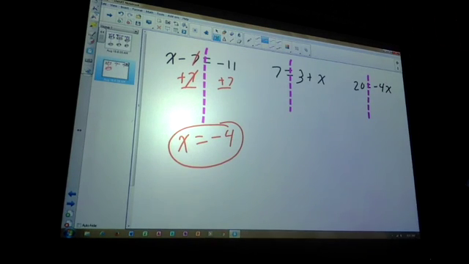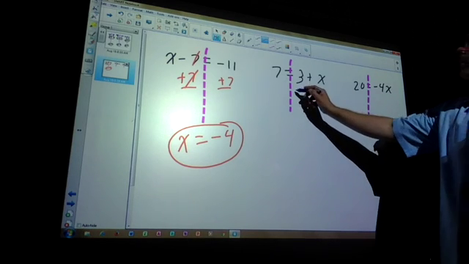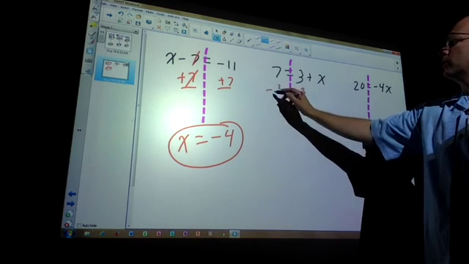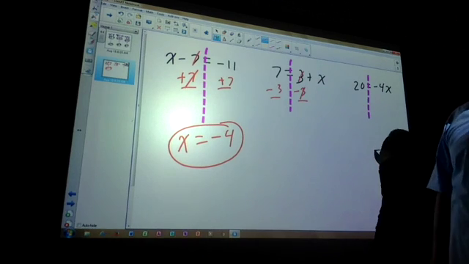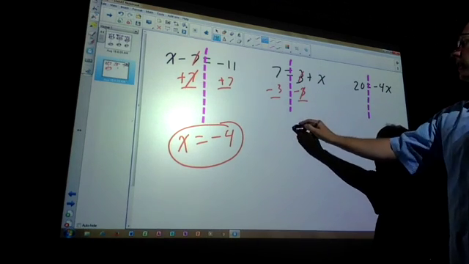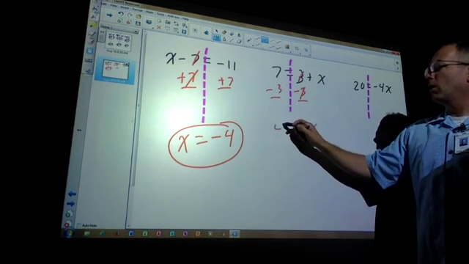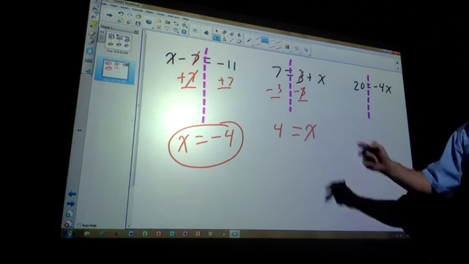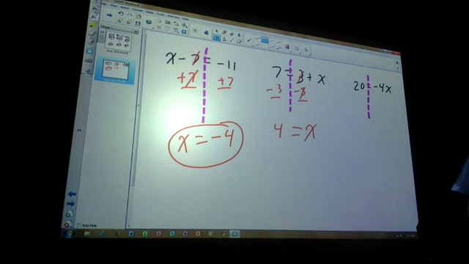What do you think? Does it matter if I have the variable on the right side or the left side? It's going to come out to the same thing. So I'm going to subtract 3 from either side. That's gone. X equals 4. Now, this technically is appropriate.